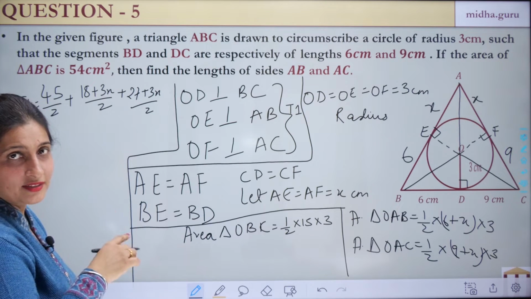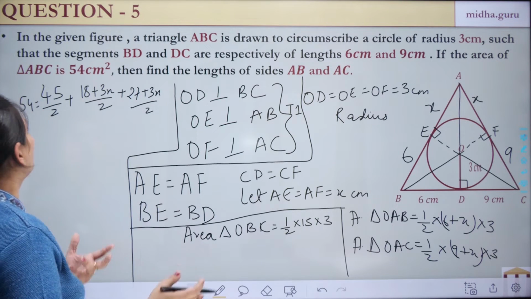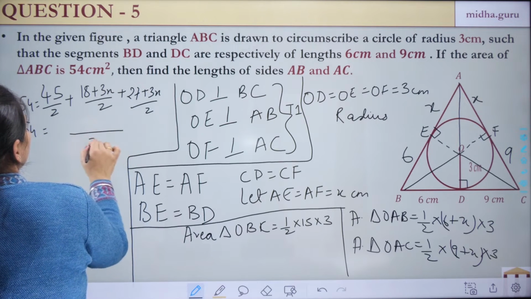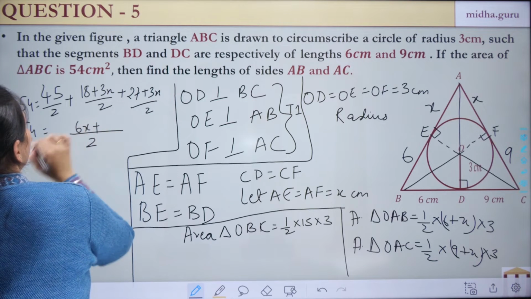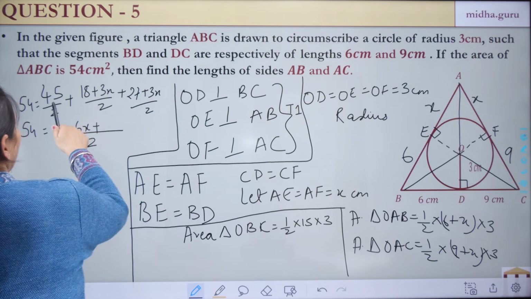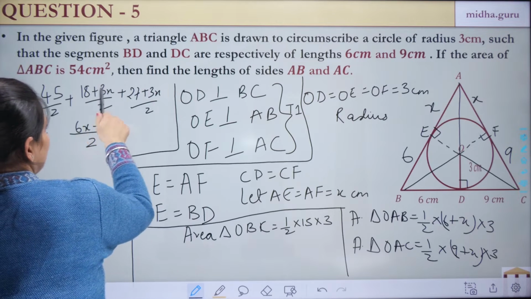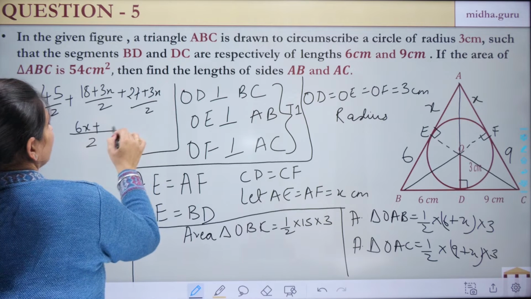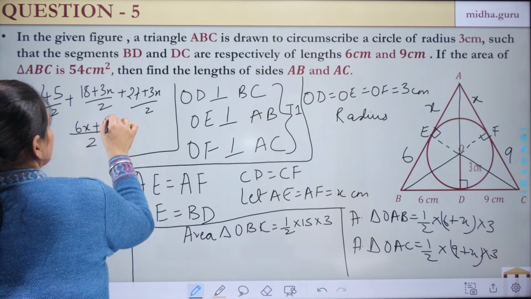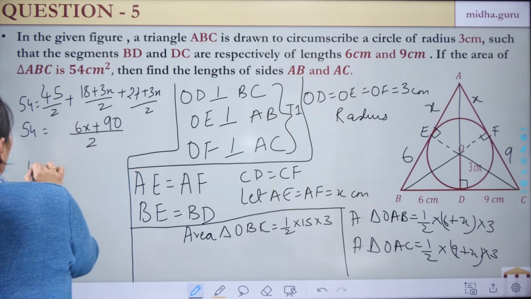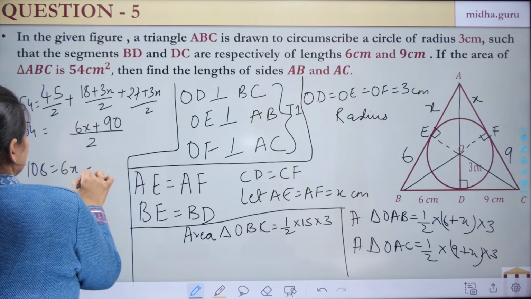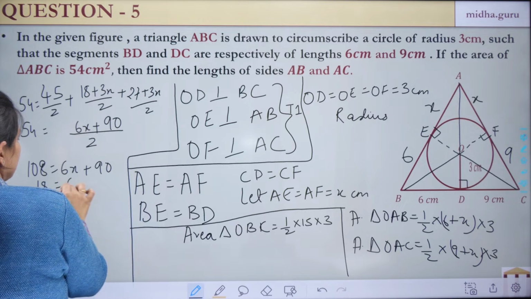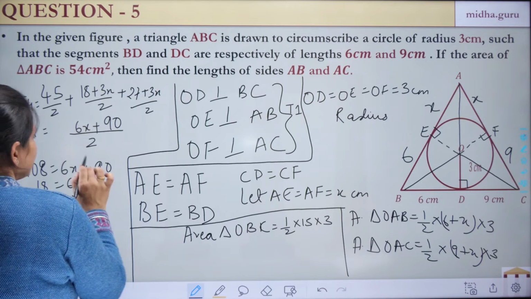Now on solving this, everybody can solve it out. 54 is equal to, just tell me what we will get. 6x plus, just add it out. 45 plus 18 is 63, 63 plus 27, we will get 90. Cross multiply, 108 is equal to 6x plus 90. So we will get 18 is equal to 6x. So we have got the value of x as 3.